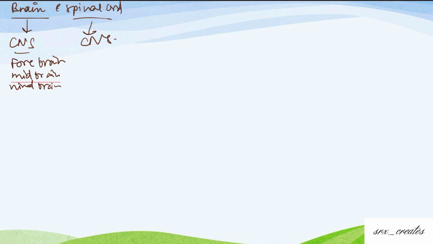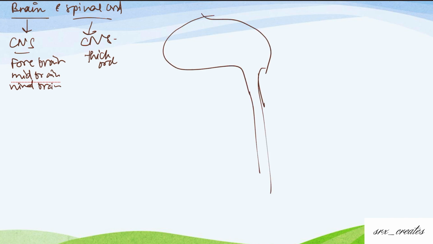Okay. Now, spinal cord, it's a thick cord that extends from medulla oblongata down to the spinal column. Now, you don't know what's medulla oblongata. If I draw a brain here, the spinal cord goes down from here. There's an organ called medulla oblongata. This is where the spinal cord originates from.